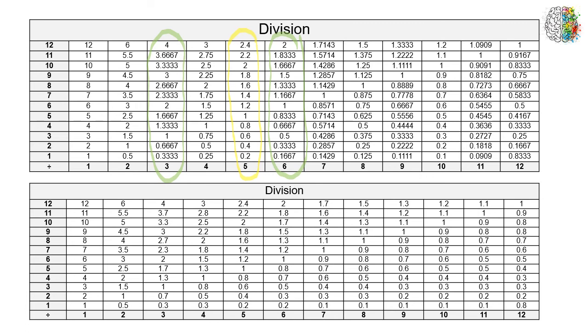If the number on top is smaller, I'm going to expect to have a 0 followed by a decimal. And if I'm practicing on my division tables, that's going to help me to clearly see those patterns and to be able to identify whether or not I've set my problem up correctly.